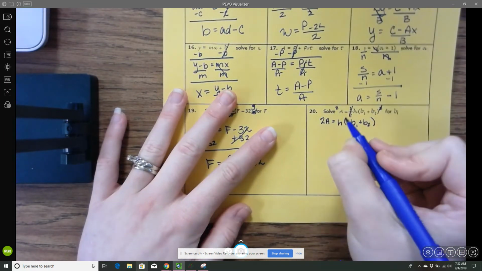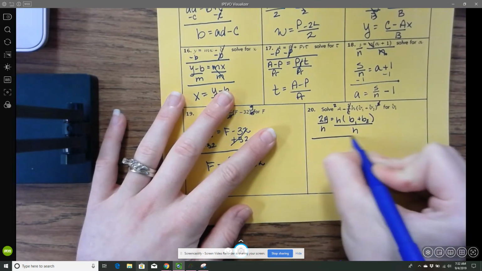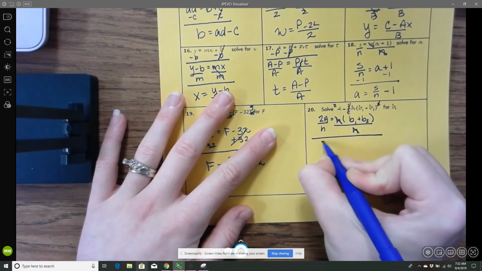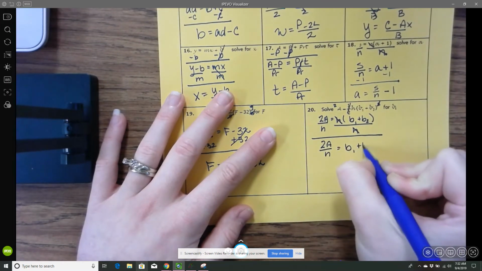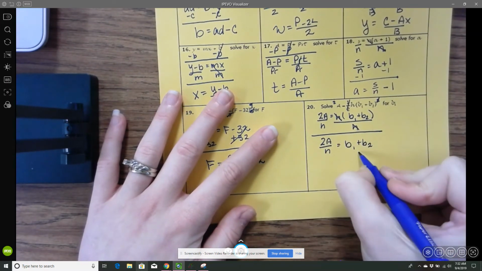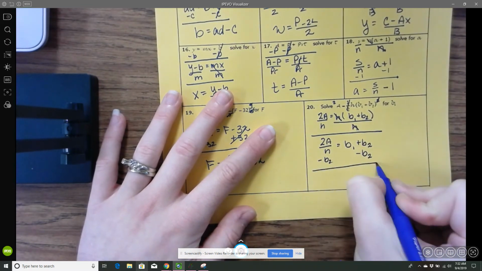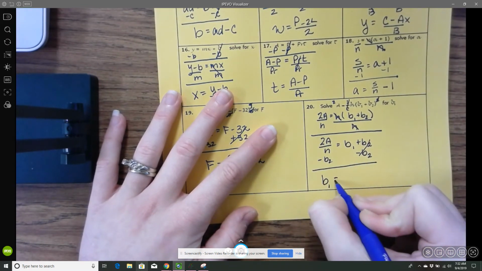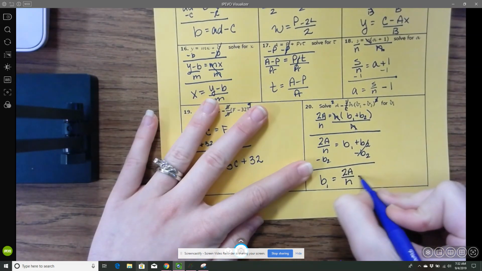Now I'm going to get rid of the h, so I'm going to divide both sides by the h. So these cancel, so now I've got 2a divided by h equals b1 plus b2, and then I'm going to subtract the b2 from both sides. So b1 would equal 2a divided by h minus b2.